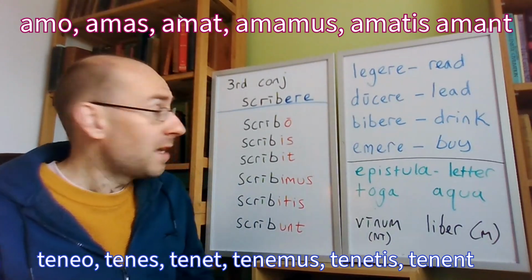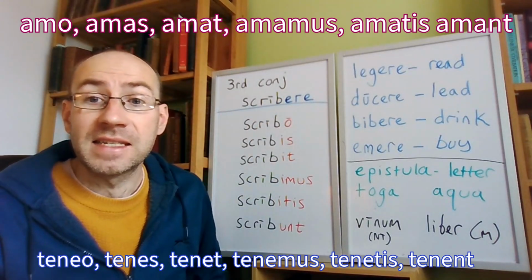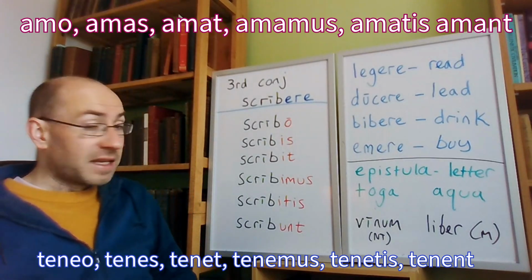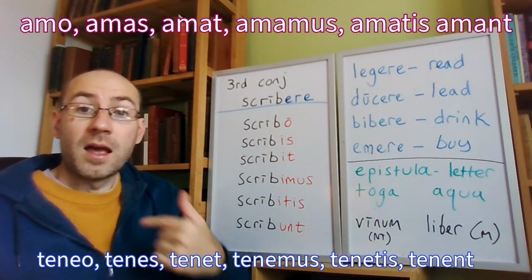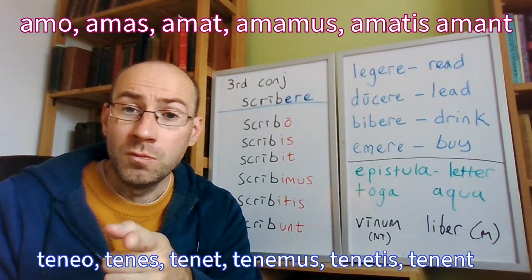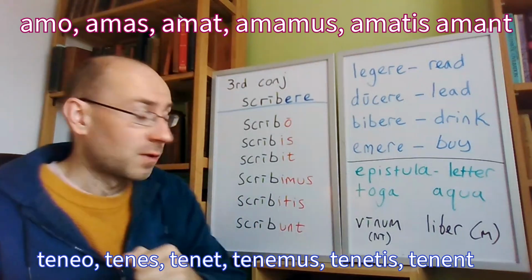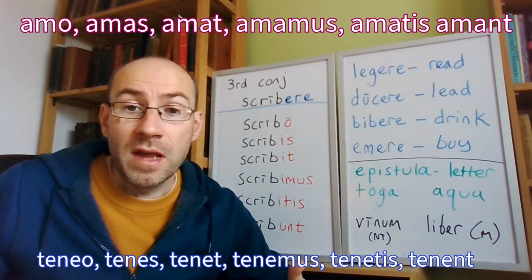As always, we take off the -ere to give us a stem of the verb, in this case scribe, and we get scribo, scribis, scribit. I write, scribo; you, one person, scribis; scribit, he, she, it. Plurals: scribimus, we write, or we are writing right now.